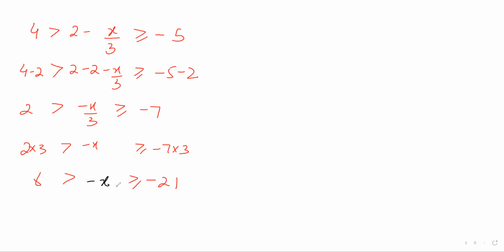Now, because we need the solution for x, we need to eliminate the negative x. And this is a very important step, because we need to multiply all the equation with negative 1. Whenever we multiply the equation with a negative number, we need to swap all the inequalities.